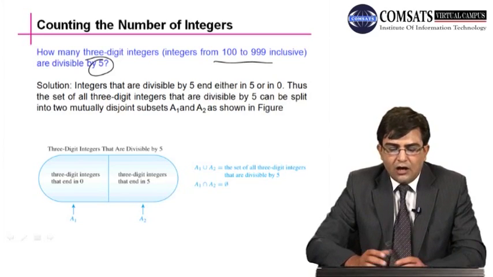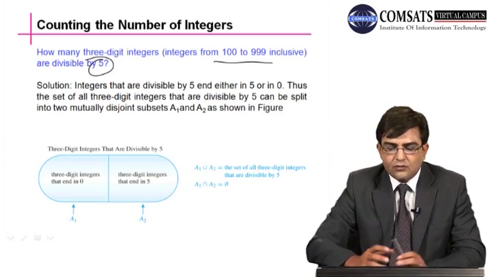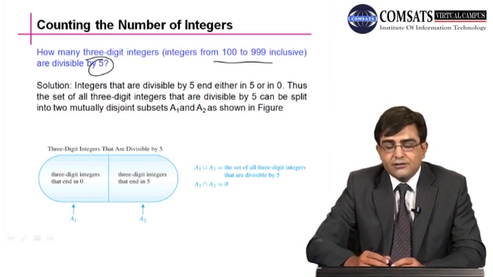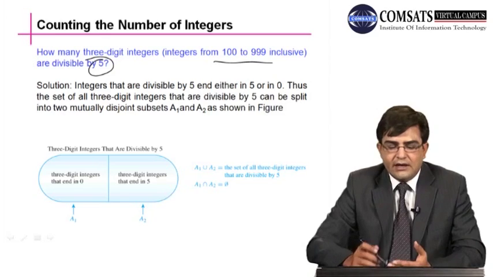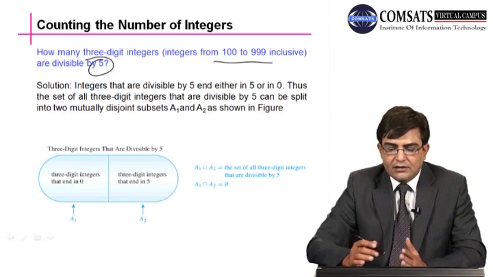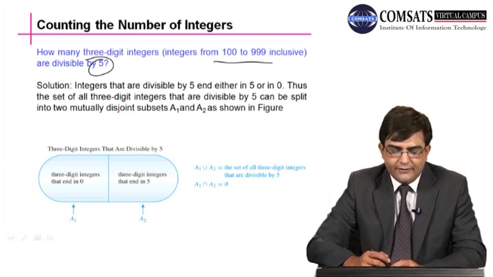So now, systematically, we divide this problem into 2 subsets. First we calculate all the integers from 100 to 999 which have 0 at the end, and then we suppose there is another set in which all those integers are included in which the end digit is 5.